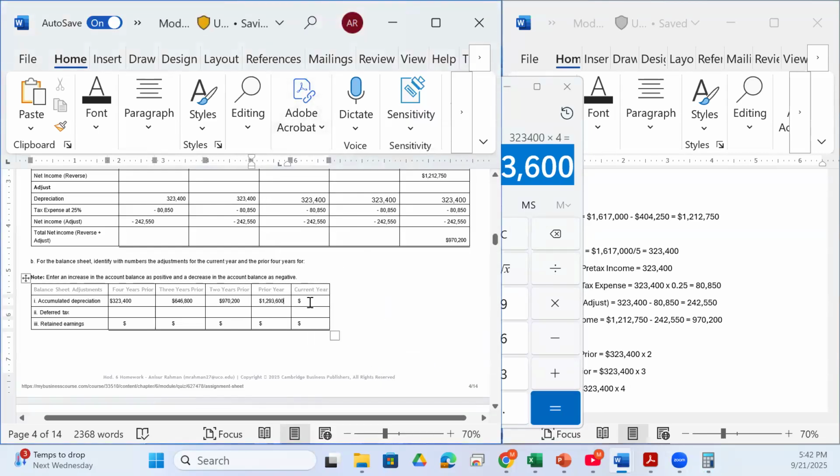Okay. For current year, we do not need any adjustment because of all the prior adjustments, the balance sheet will be correctly restated already.